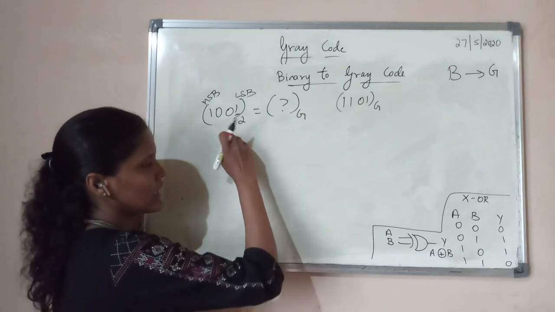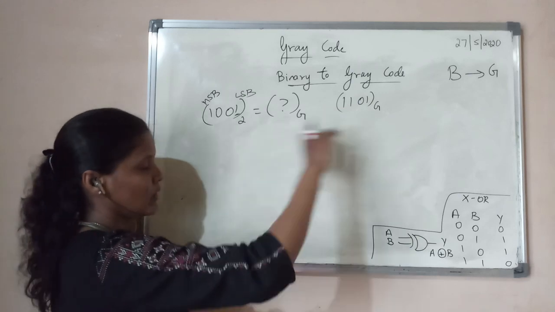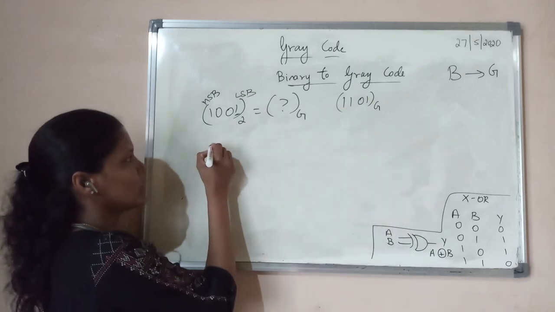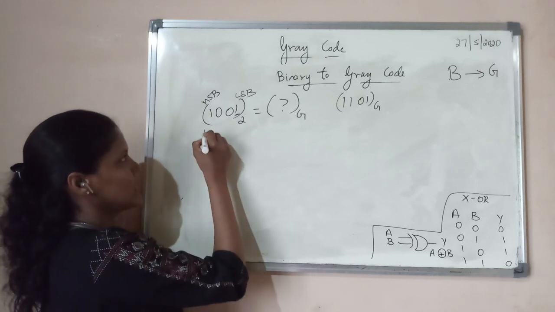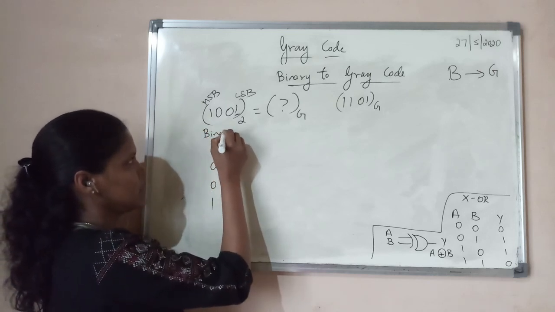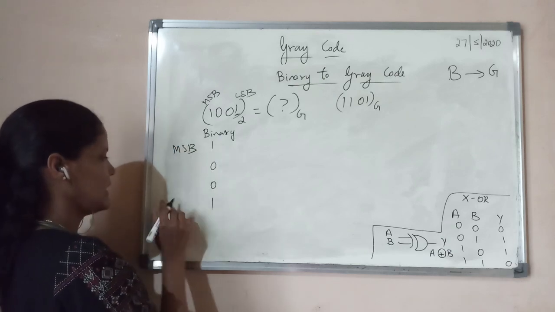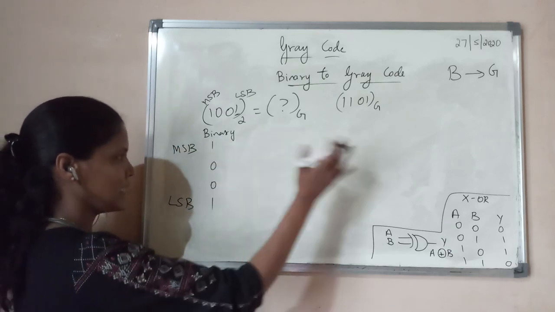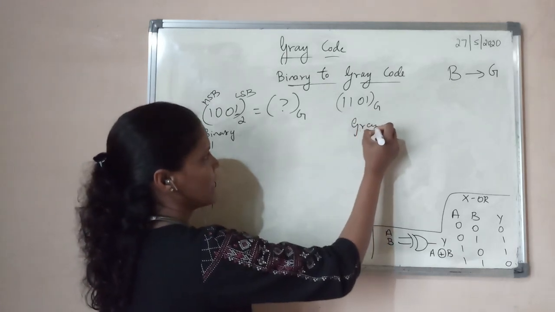Here in the earlier case we had written the binary number in a horizontal manner. Here I am going to write the binary number in a vertical manner. This is a binary number, this is the MSB, and this is the LSB. I need to convert these numbers. As I told you, this is a gray code.